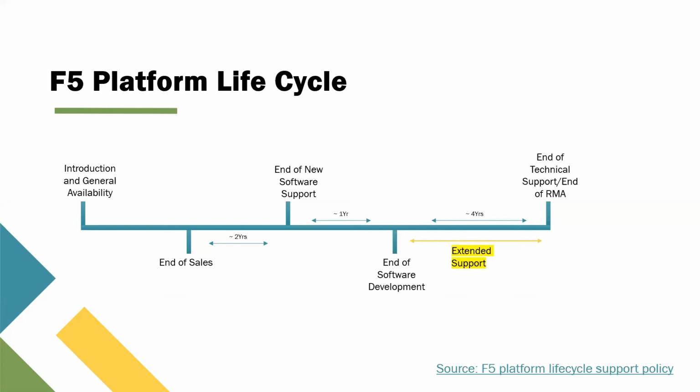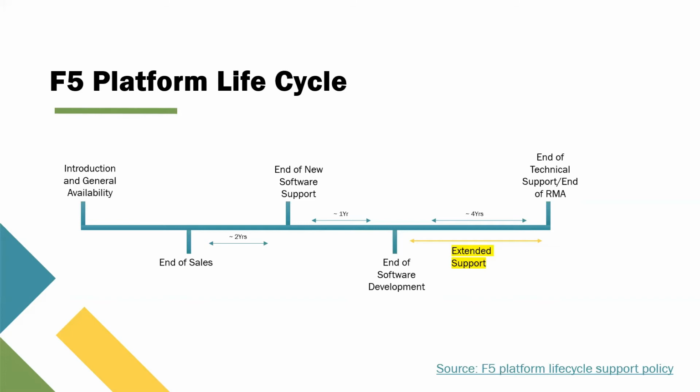There will be regular new, minor, or major software releases coming in, and F5 will also provide you support on these hardware platforms. If there are any maintenance releases, they would still be available to you, as they launch their product in the market. So all these things are available to you.